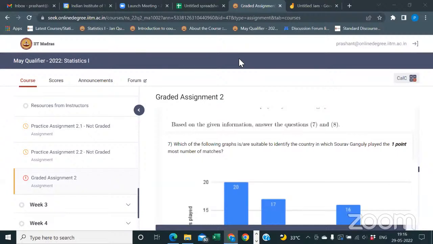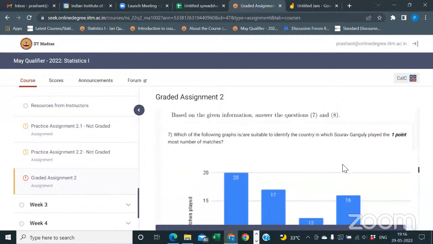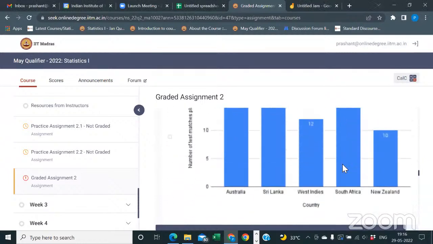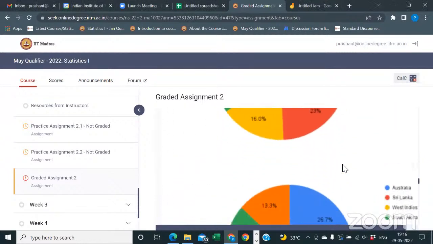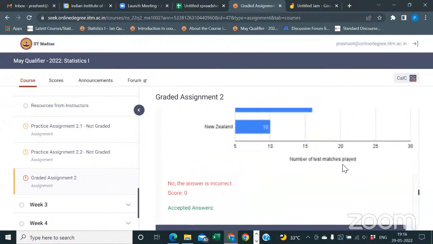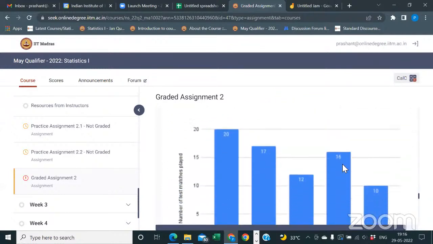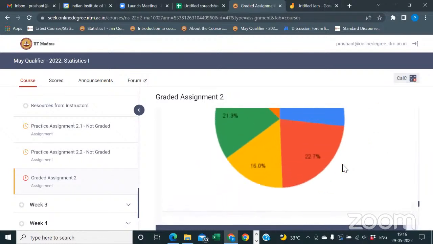A pie chart is most suitable when we talk about proportion and share. Sir, will you please show the below options? These are the 4 options. I mean, this one is the correct one, and this one is also correct.